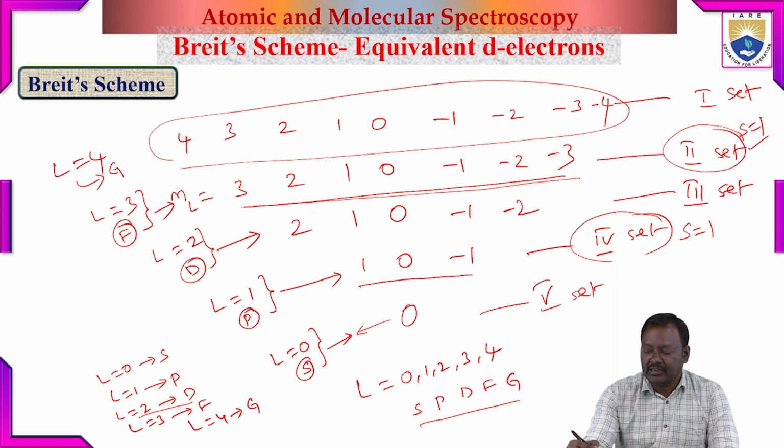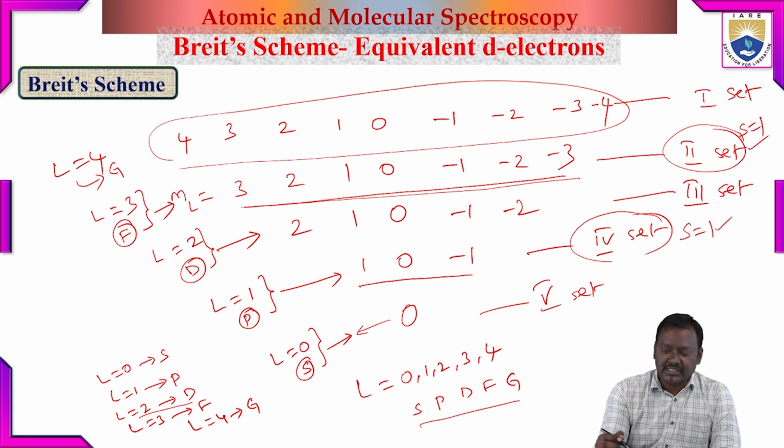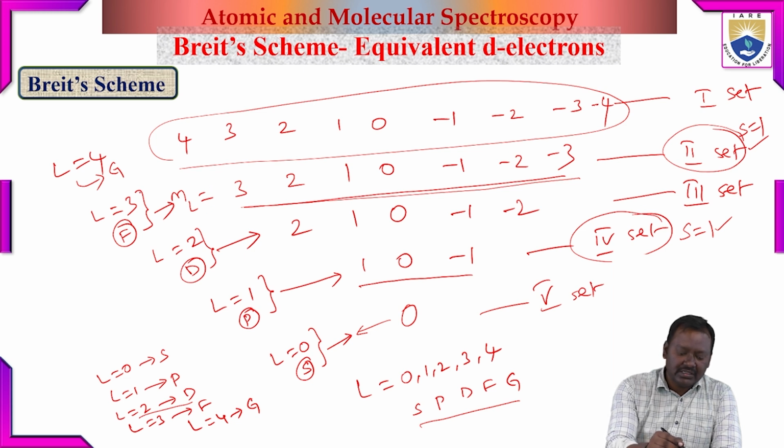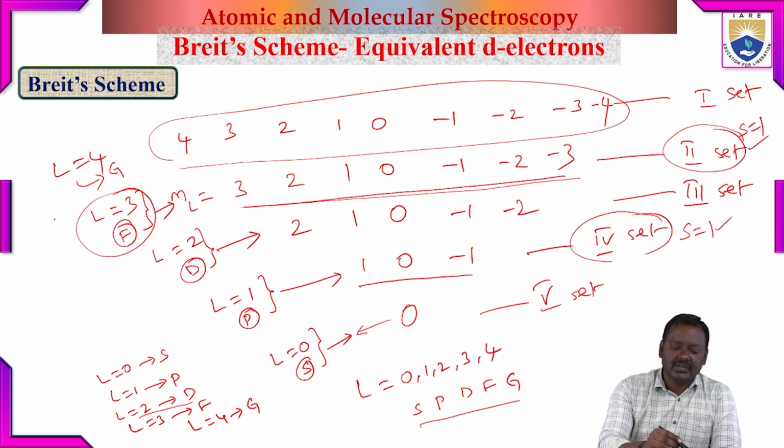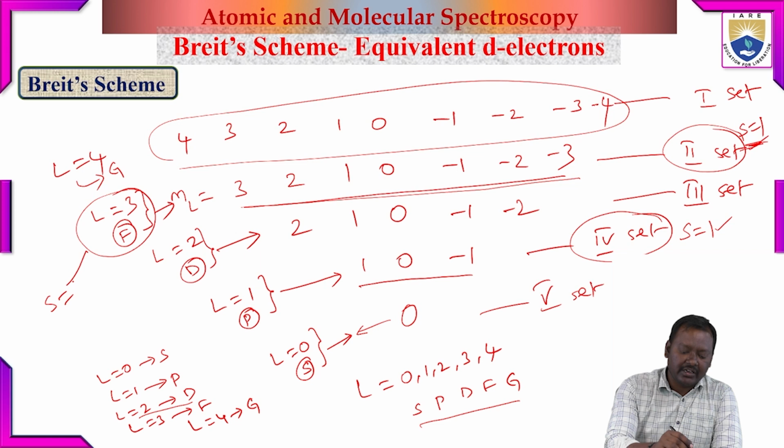The second set and fourth set form the triplet spectral terms. So that means for the second set the L value is 3 and the spectral term is F, and S equal to 1. The S value is 1 here.